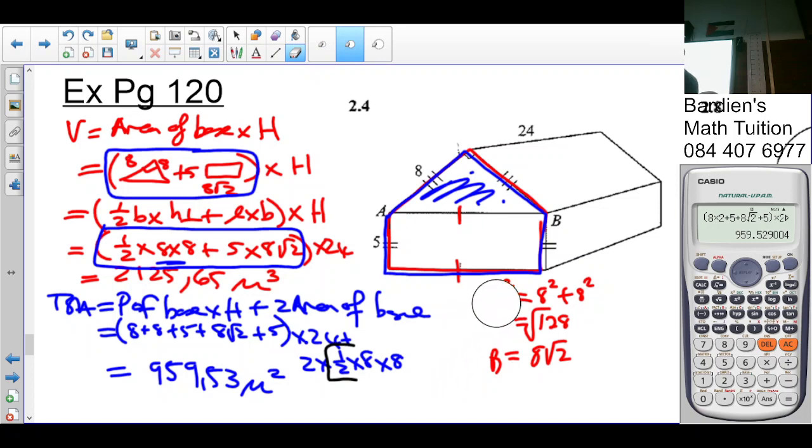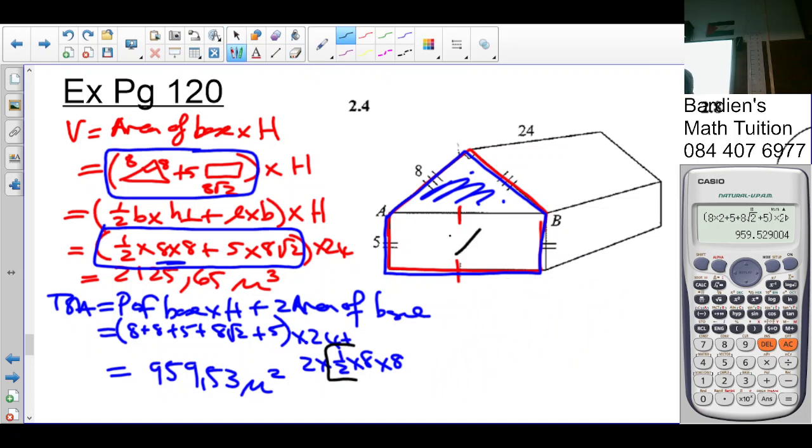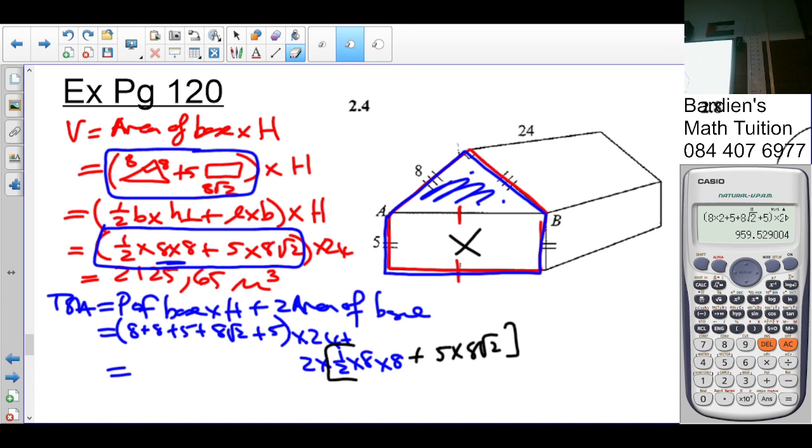Okay? What I missed out was the rectangle, which is plus 5 times 8 root 2. Of course, this is wrong. I don't know how I overlooked that.